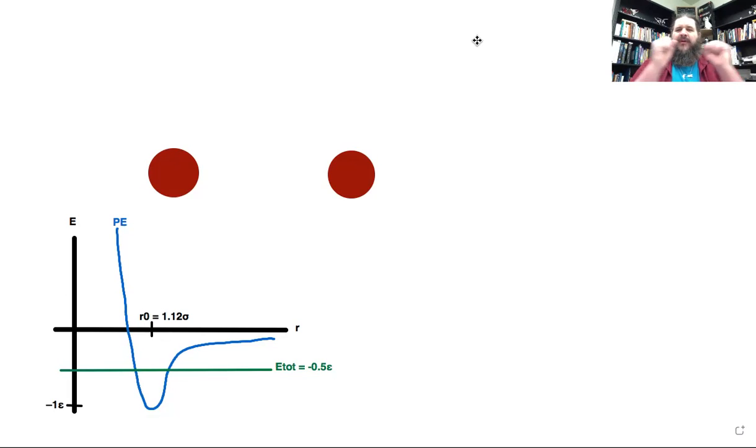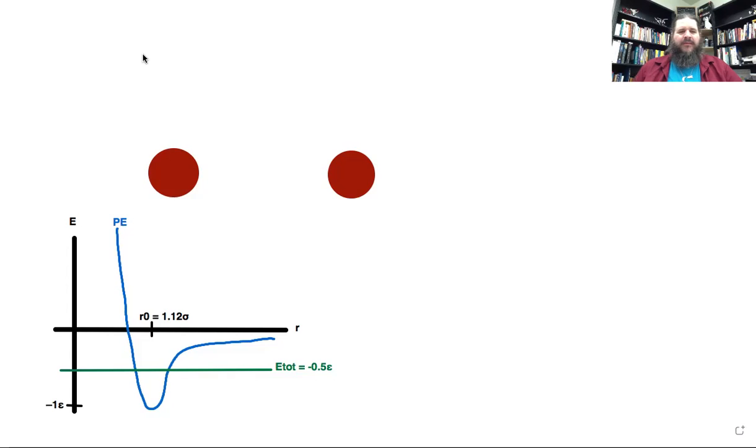And since we're assuming this pair of particles is a closed system, interacting with each other but nothing else, we can assume that total energy does not change. Therefore, it should be a constant, so its graph will look like a horizontal line. Assuming E total is negative 1/2 epsilon, how would we draw out the kinetic energy graph there?